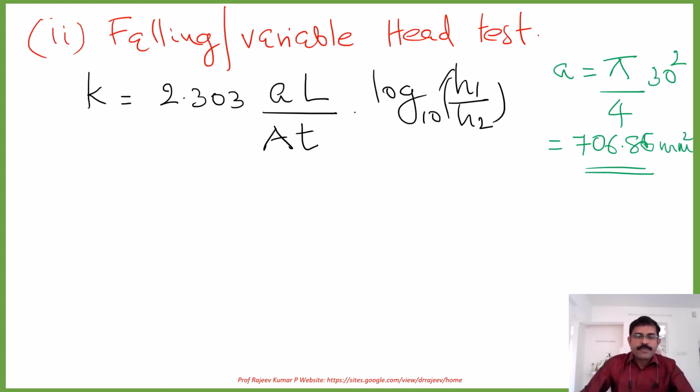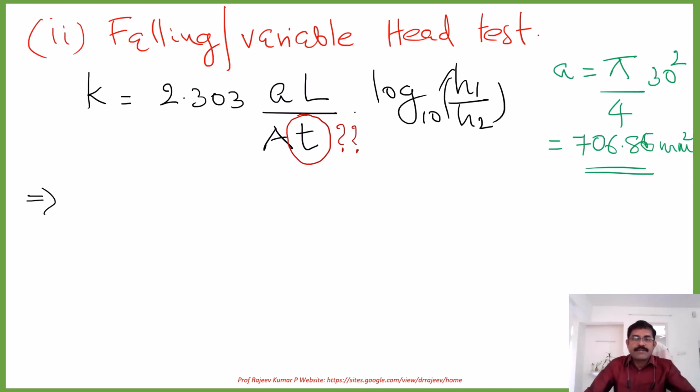Now in the question it is asked to estimate the time required for water level in the standpipe to fall from 1600 to 1560. So you need to calculate the time required for this test, which is unknown here. We have already calculated the coefficient of permeability. The same soil sample is used for this test also, so the coefficient of permeability is constant.